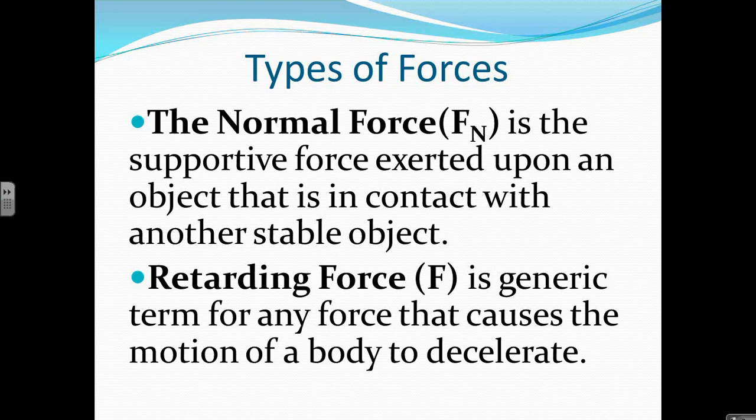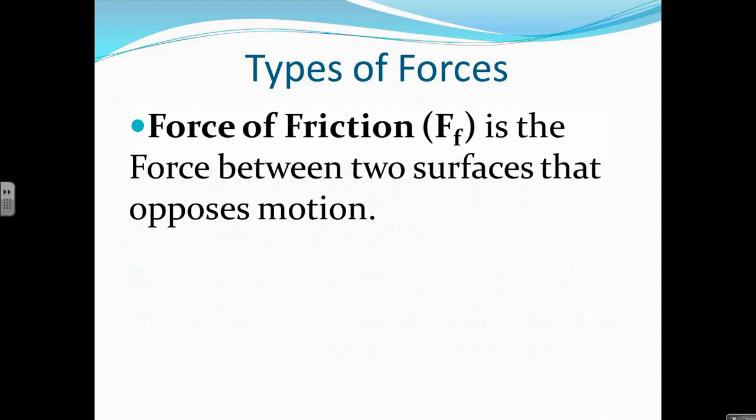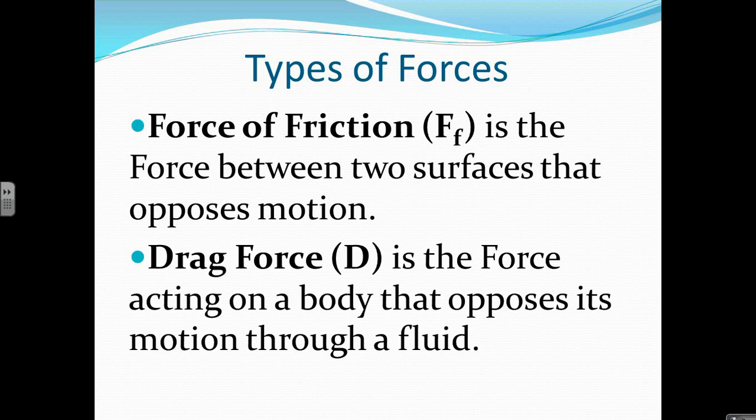So it's any force that causes an object to slow. Force of friction is a force between two surfaces that opposes motion. And drag force is the force that acts on a body as it moves through a fluid that opposes its motion.